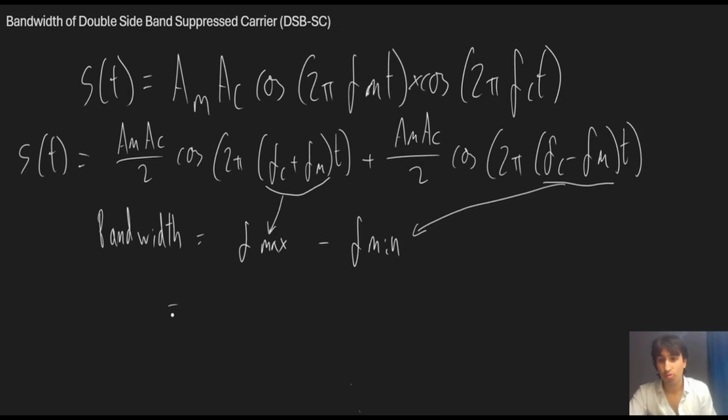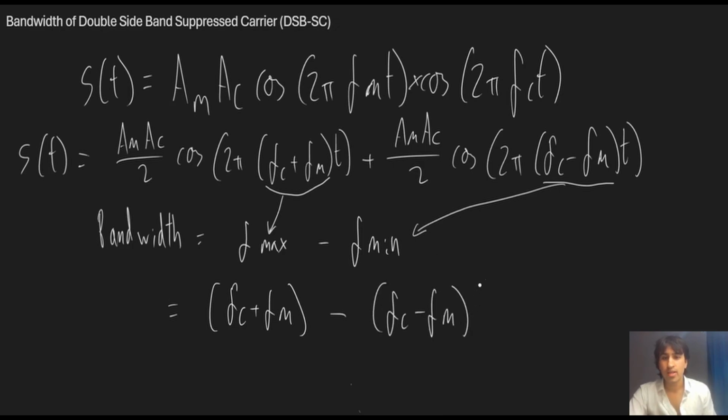So that means the bandwidth equals fc plus fm, so that's our maximum frequency, minus the minimum frequency, which is fc minus fm. Now by simply solving this, fc minus fc goes, and we just have fm plus fm, which equals 2fm.